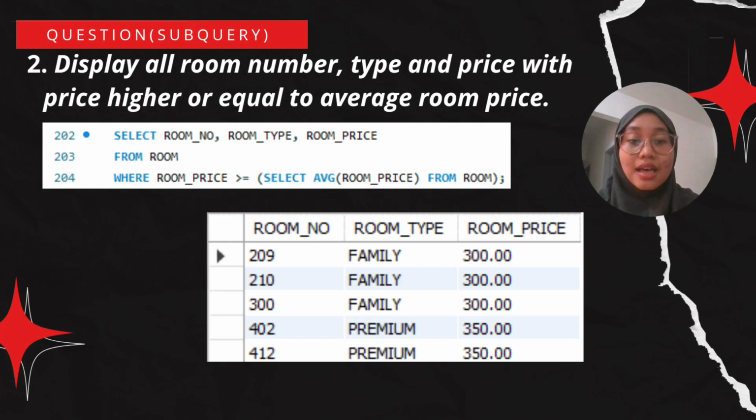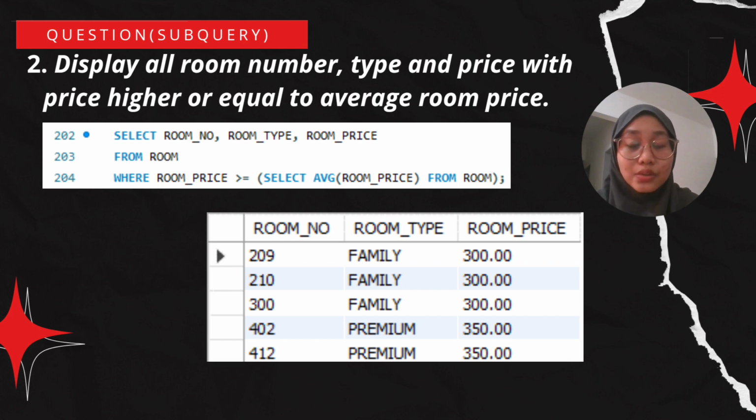So this is the last question for our presentation. We have the second question of subquery, which is display a room number, type, and price with price higher or equal to average room price. This is the command and the output that we get from this question. The command is select room number, room type, room price from room.